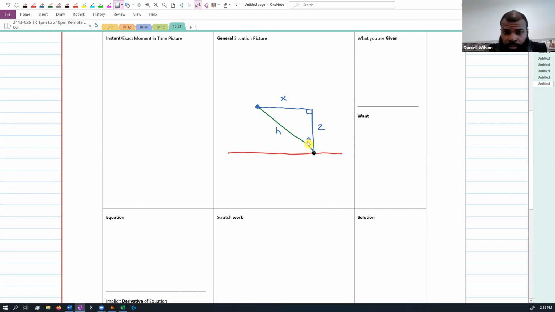Looking at the rate that this is changing, in my picture, theta's growing, right? And in this picture, theta would be shrinking. That's what I told Ethan in the group. It can either be growing or decreasing.